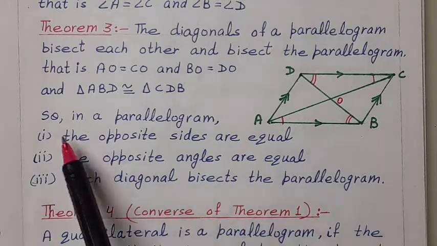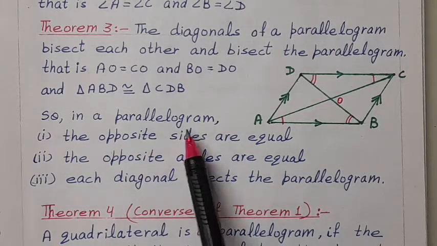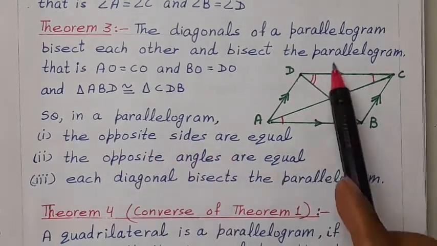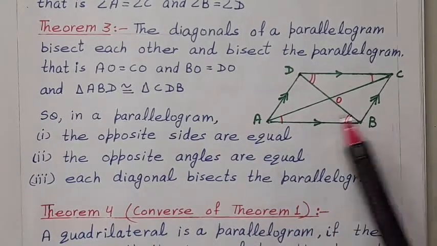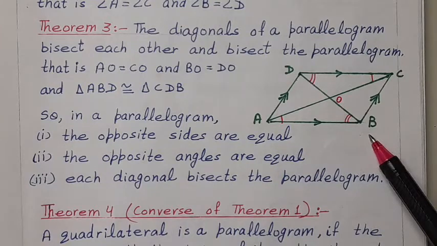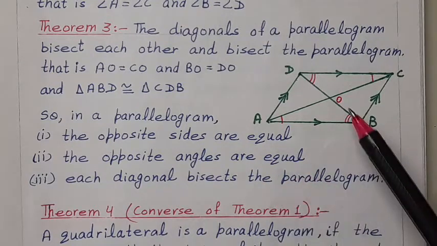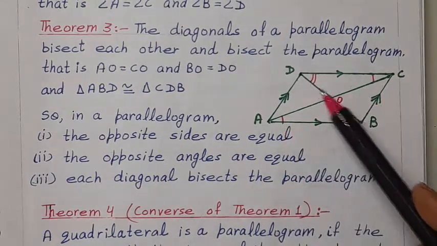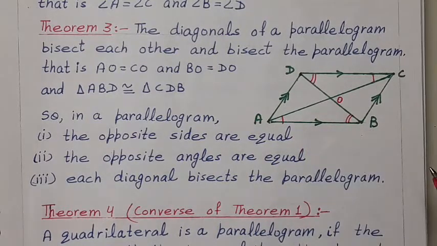So, in a parallelogram, the opposite sides are equal, opposite angles are also equal, as well as the diagonals bisect the parallelogram into equal parts. I hope it is clear to everyone now.